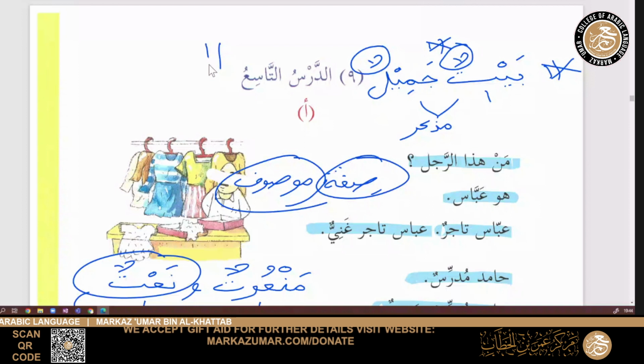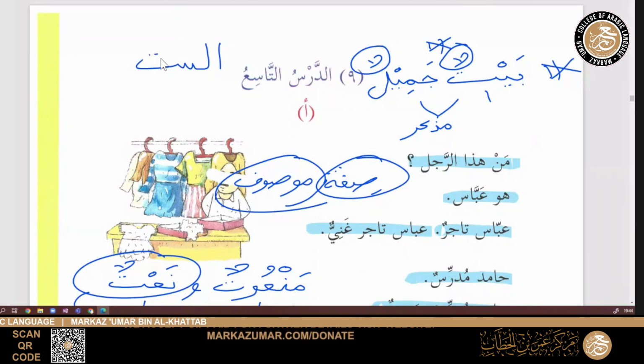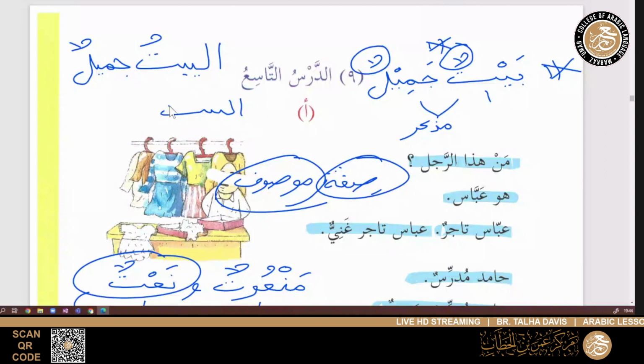The difference, for example, if we were to say al-baytu jamilun, is a totally different meaning. That means the house is beautiful. But the first one says a beautiful house. If we add alif and lam to both, we would say al-baytu al-jamilu.